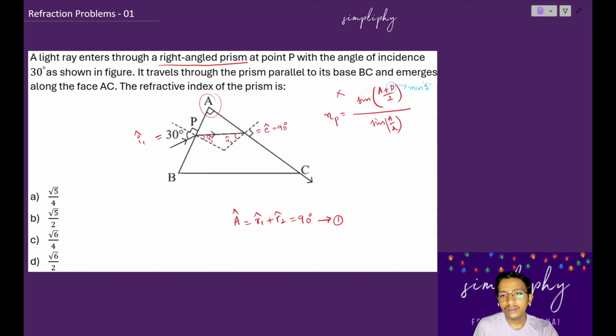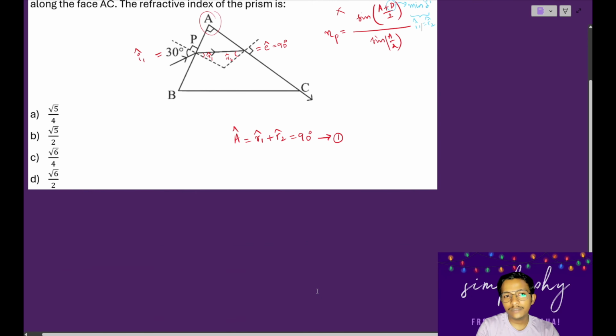For the minimum deviation case, the angle of incidence I1 and the angle of emergence I2 should be equal, I1 should equal I2. But in our problem, the incident angle and the emergent angle are not equal. So we can't use this equation.